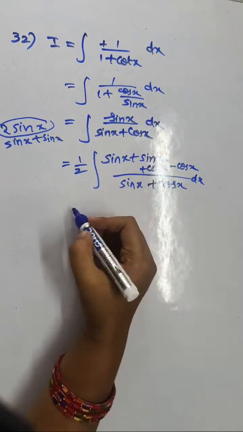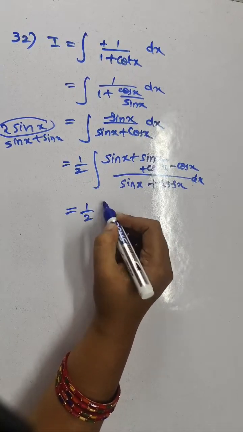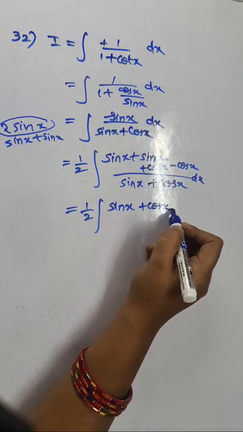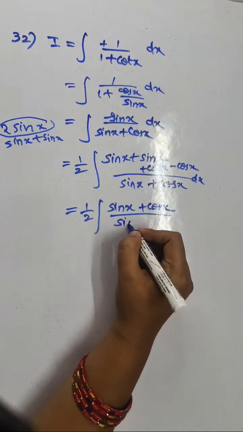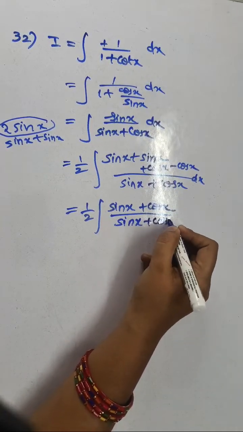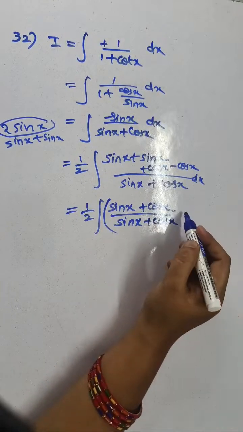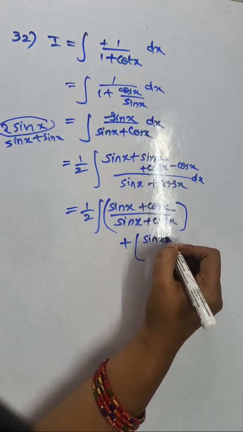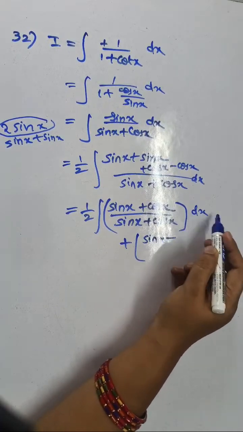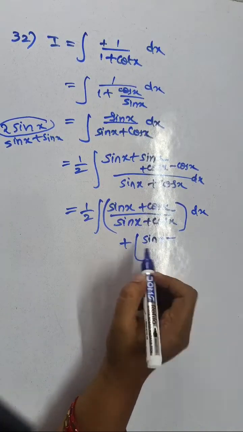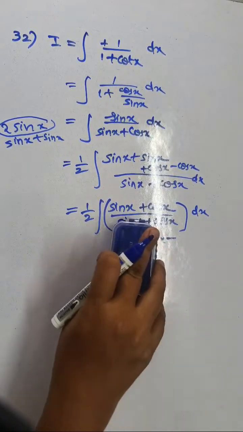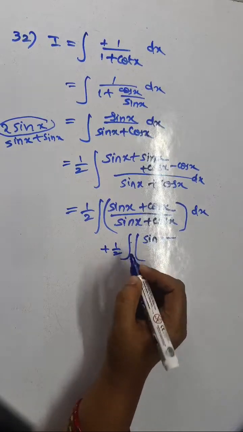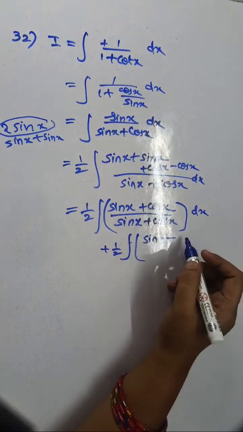So you'll have 4 terms so that it is easy for us to integrate. Is that clear? Now we will combine sin x plus cos x as one term, sin x plus cos x by sin x plus cos x, as a single term, plus sin x minus cos x. We'll write it as 2 integrals, so that this 1 by 2 belongs to both, isn't it? So plus 1 by 2 integral, we are just splitting as 2 terms.